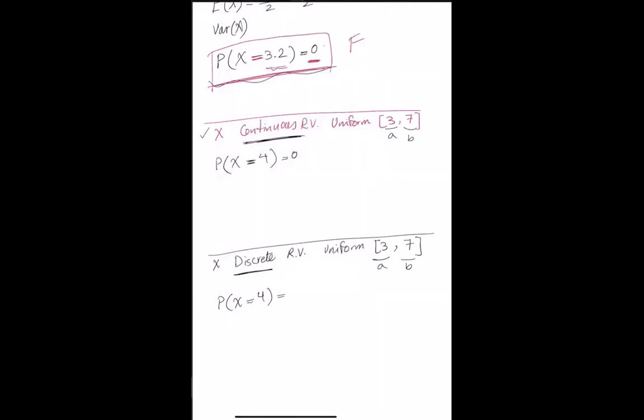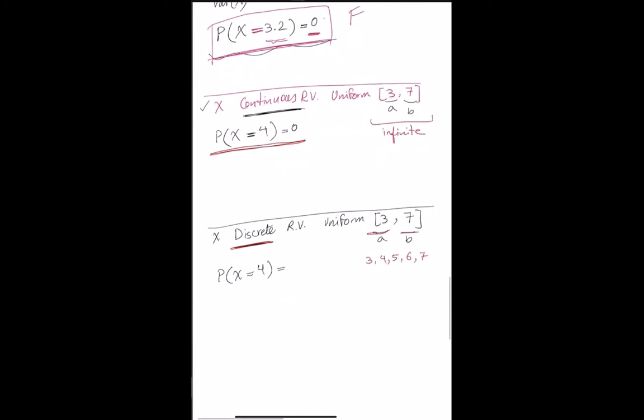The probability of x equals to 4 is only 0 when x is continuous random variable. Why? Because as I said, in the range of 3 to 7, there is infinite possible value for random variable x. So the probability that x is going to be exactly 4 is almost 0. But if it's discrete and varies between 3 to 7, what are the possible values that x can get? Is 3, 4, 5, 6, 7.